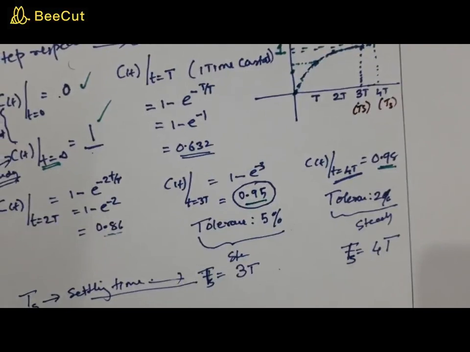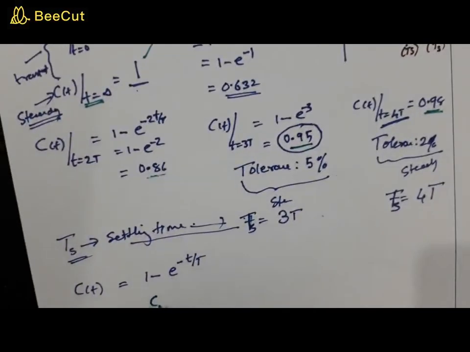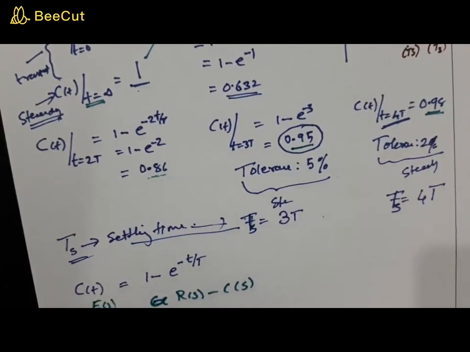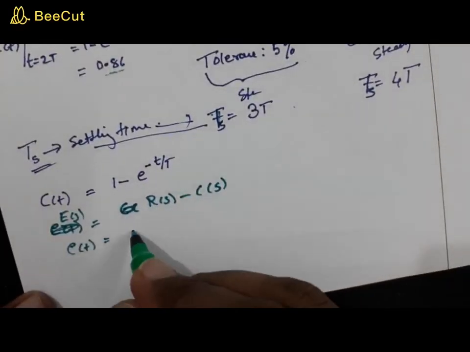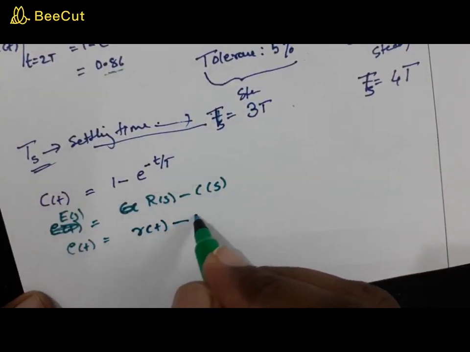If that is the case, how will you define this E of t? From the block diagram, we understood it as R of s minus C of s. That is your E of s. So from this you can convert this into time domain. That is R of t minus C of t.